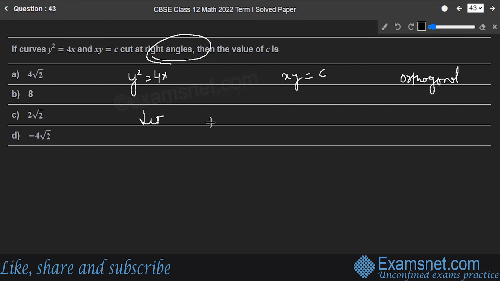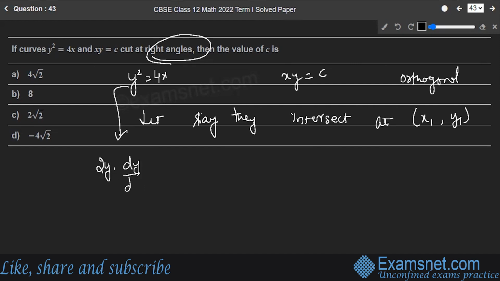Let's say they intersect at x1, y1. So if I take this equation, let's differentiate both the sides with respect to x. You have 2y dy by dx is equal to 4, or dy by dx is equal to 2 upon y.